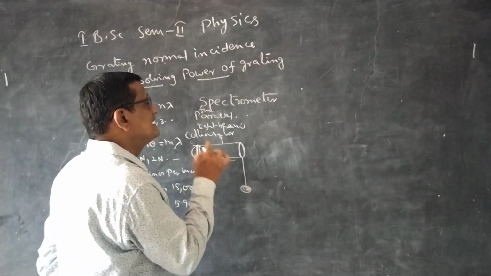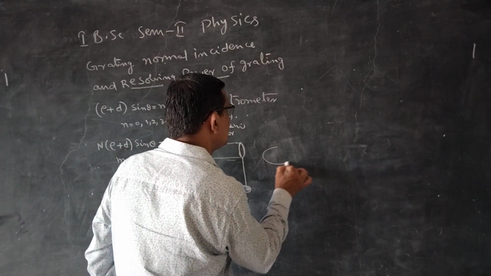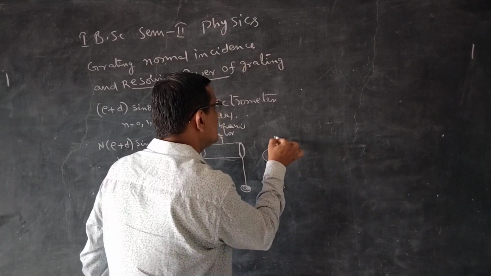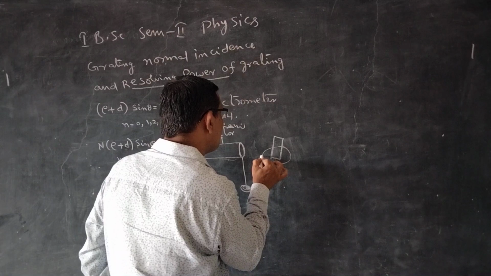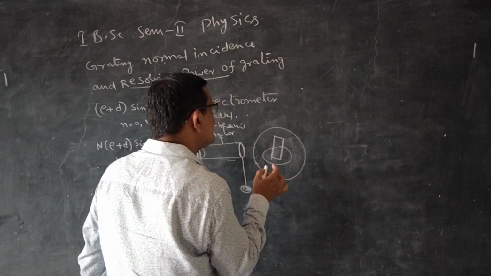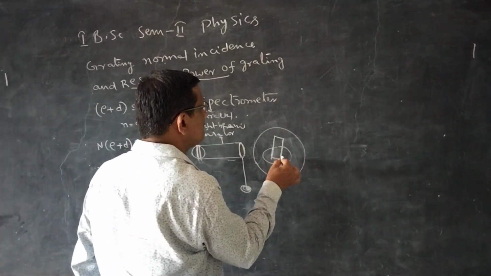Next, the second part is the prism table or grating table, the table which is used to place the grating. Let it be the position of the grating. It consists of a circular scale like this. By using this circular scale, we can determine the angle of rotation of the table or grating.